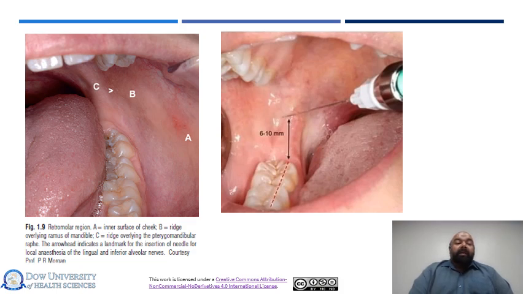Because the anterior two-thirds of it is used as a landmark for the approximation of a needle during an inferior alveolar nerve block, or mandibular block, when we are trying to anesthetize or numb the mandibular teeth. So the raphe is an important landmark used for administering anesthesia to achieve an inferior alveolar or mandibular nerve block.